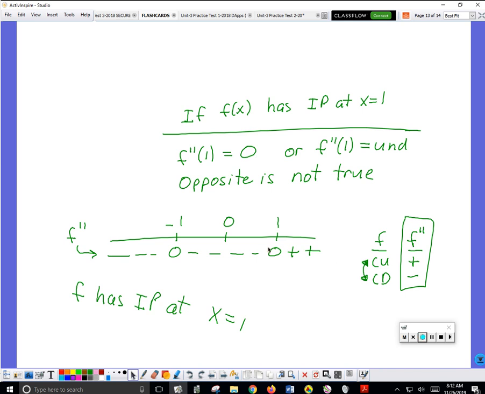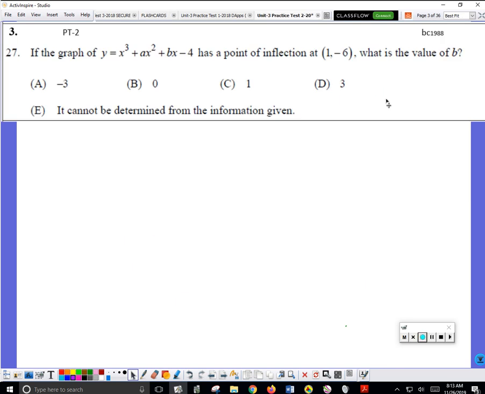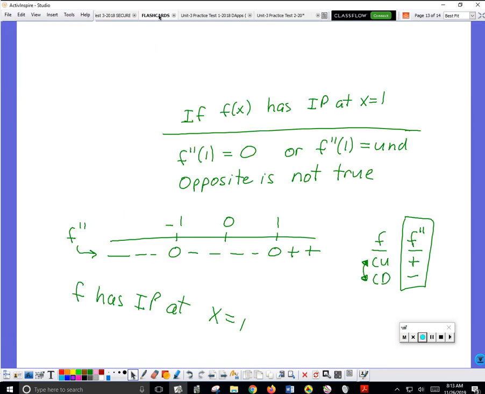Here's an example. If your f double prime sign chart looks like this, f has an inflection point at x = +1, but f would not have an inflection point at x = -1. So when you read this problem, this flashcard needs to come to your mind.